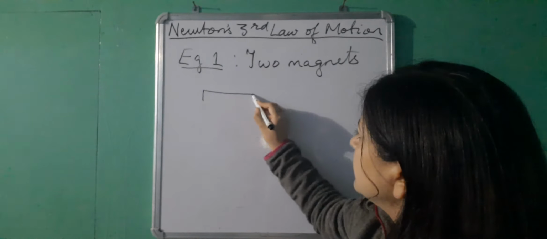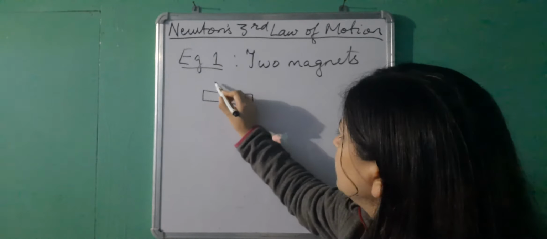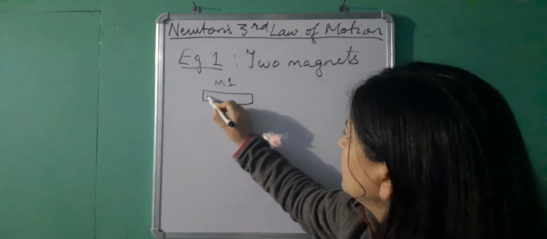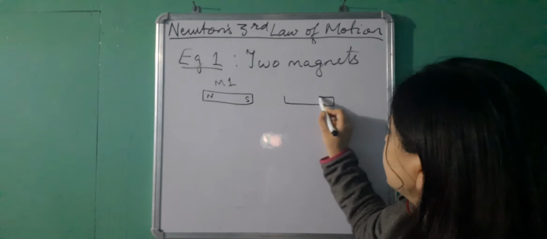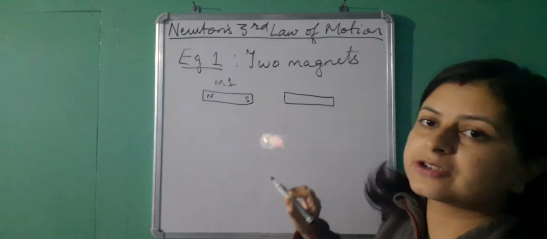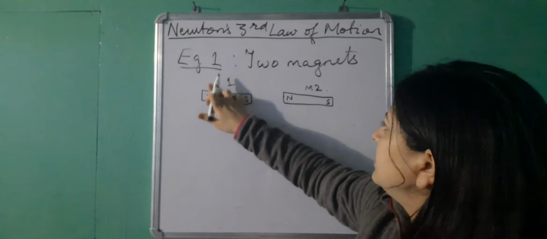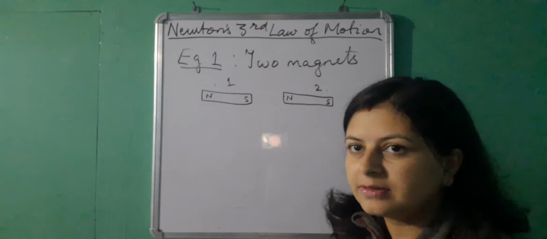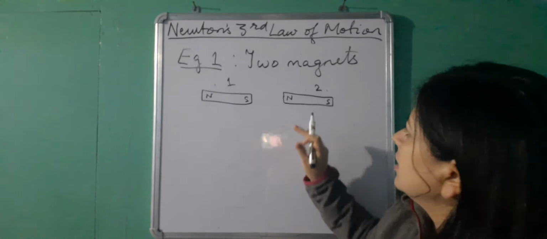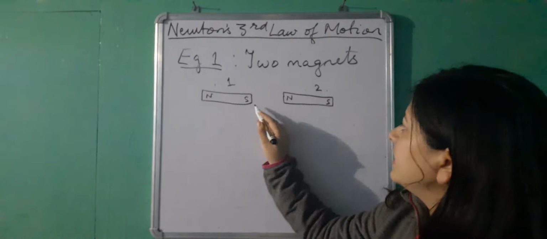So say we have magnet 1, say M1, having north and south poles here. Let us take the simple case of attraction between opposite poles of two magnets. So here I will take north, the other side I will take south. This is magnet 2. Let us simply put 1 and 2 as the names of the two magnets here. Now you keep the two magnets separated by a distance.